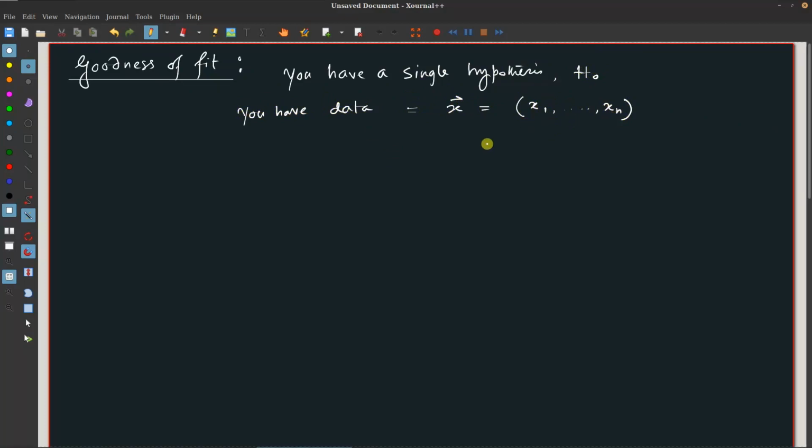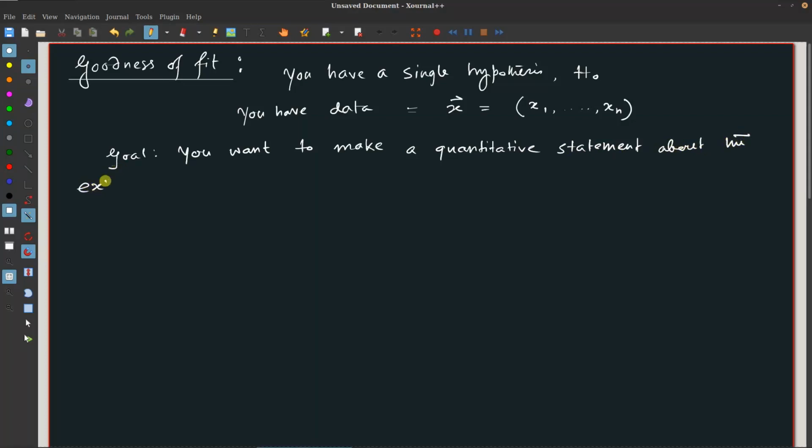So I have n measurements of this x variable, and the goal is you want to make a quantitative statement about the extent of agreement between the data and the hypothesis.